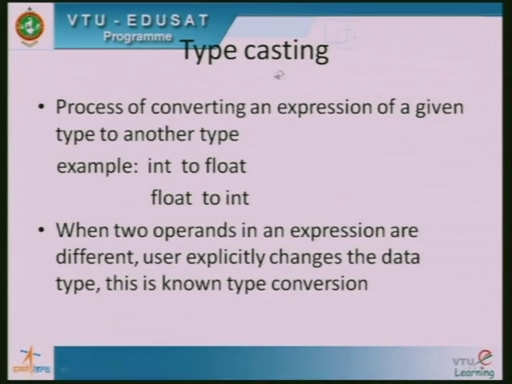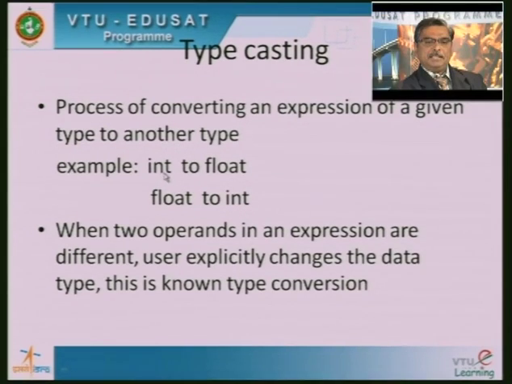So how do you develop routines to change the data type? That is why it is called typecasting: changing the type of the variable from the declaration you made previously to another data type. It is the process of converting an expression of a given type to another type.